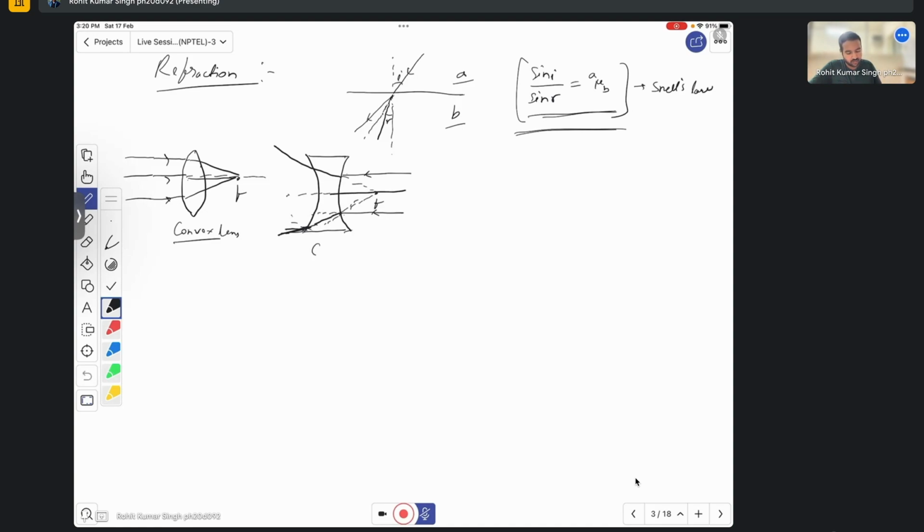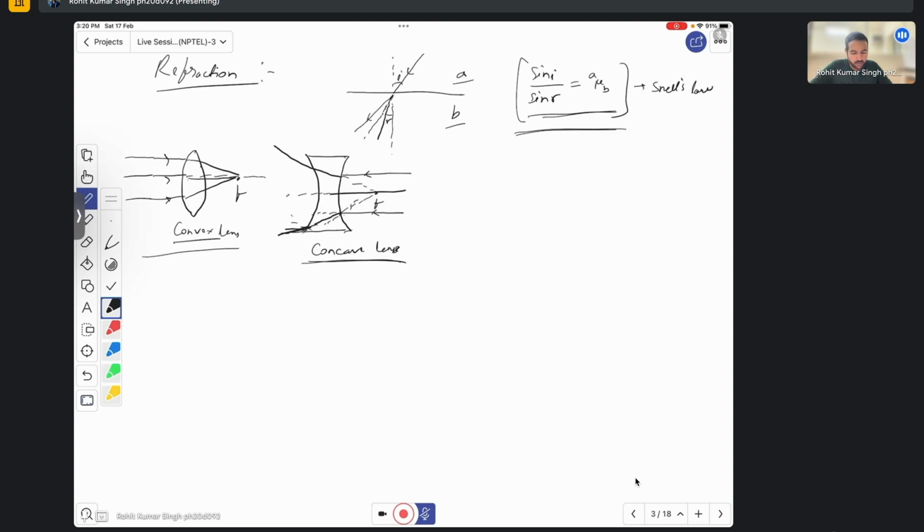So this is the concave lens, and it is also called the diverging lens. You can see the convex lens converges the light, and the concave lens diverges the light rays.